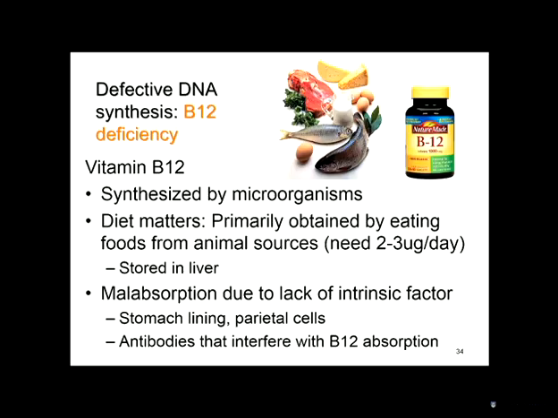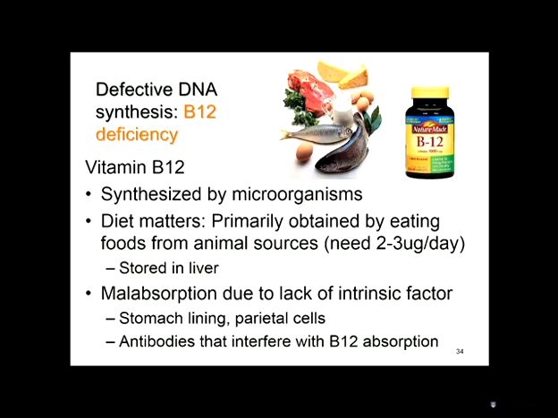And under the condition that we're going to talk about, called pernicious anemia, it's our own immune systems that target the parietal cells and destroy them. So an autoimmune condition called pernicious anemia means that parietal cells are being destroyed, intrinsic factor is no longer made.